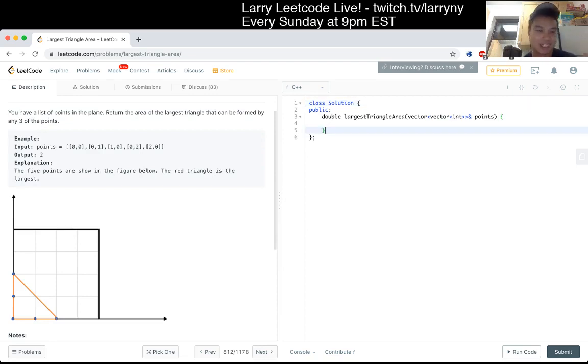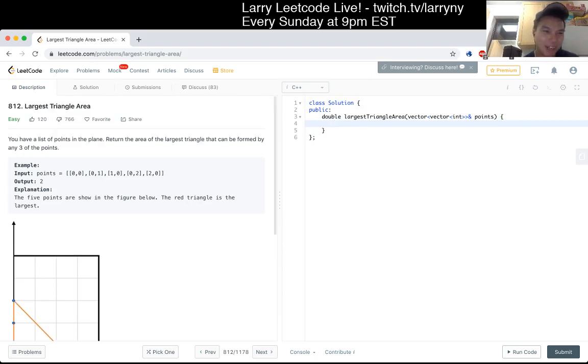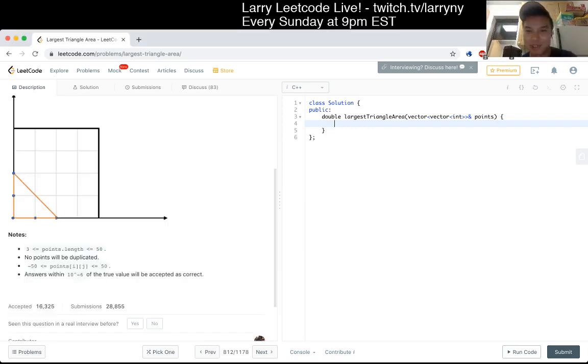Which is a formula, which I guess is probably why it's easy, but it's not interesting. It is literally trivia. Like, hey, do you know how to find the area of a triangle? And if you don't, then what hint are you going to give?